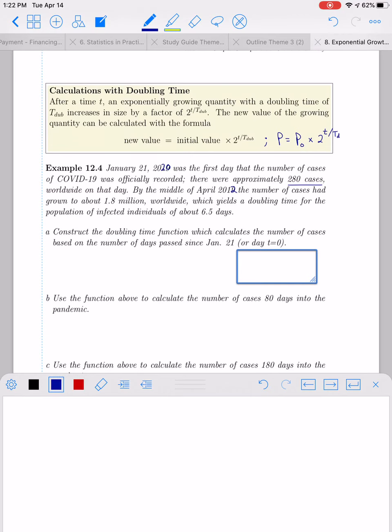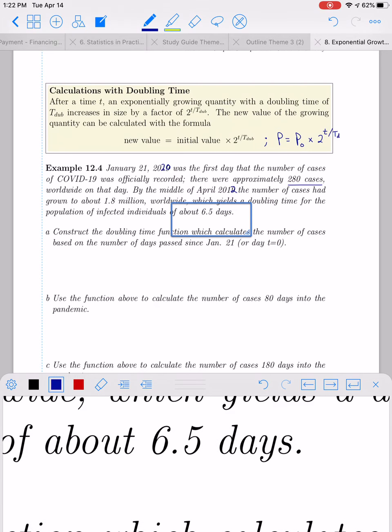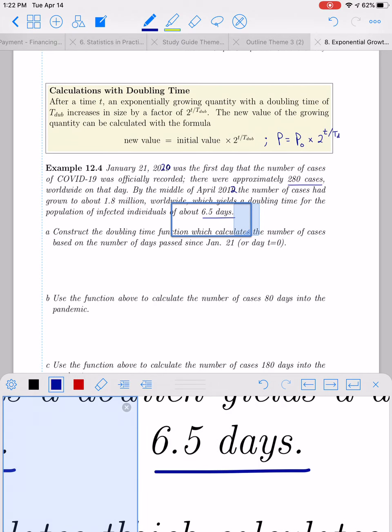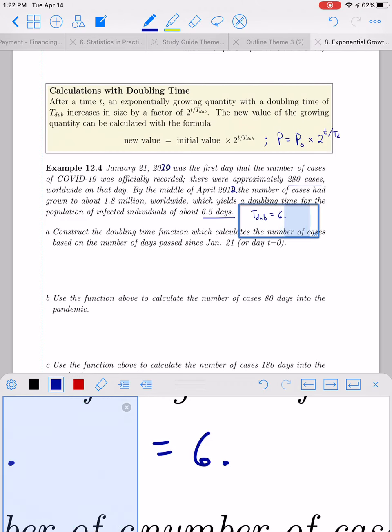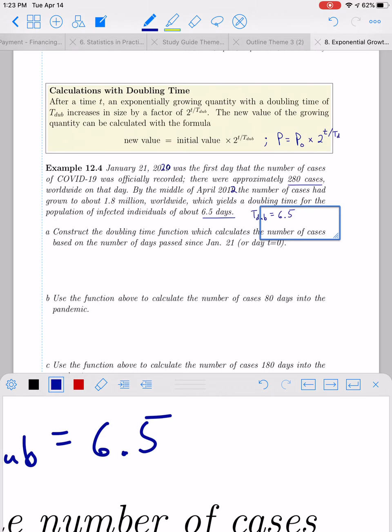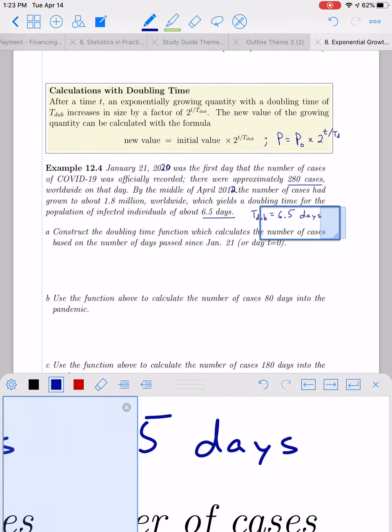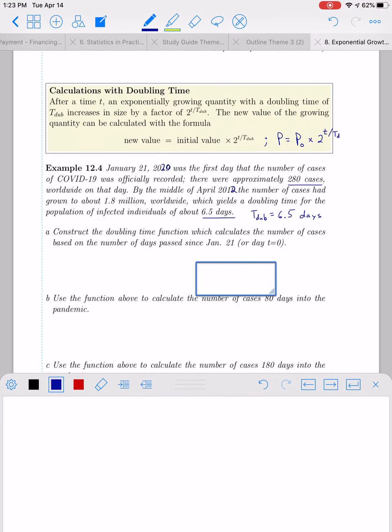I was able to calculate that this yields a doubling time for the population of infected individuals of about 6.5 days. So in other words, t double, based on the information above, is equal to 6.5 days. This is all done for us in this problem. We don't have to worry about where I came up with those numbers. We're just going to use this fact to build a doubling time model for this spread of infection.